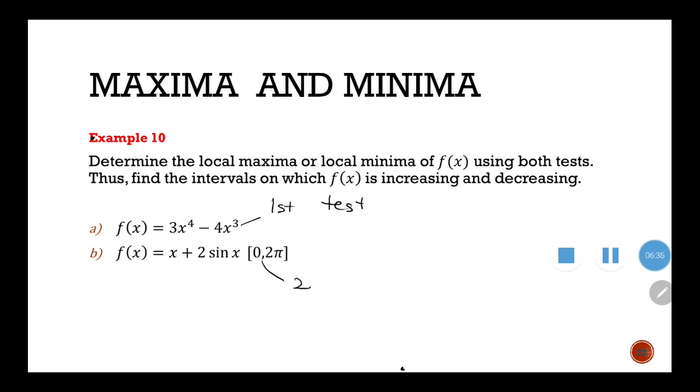And this one, we're going to try the second test. And I want you to try on your own how to solve this using the second test, and this using the first test. Try at home and compare the results.